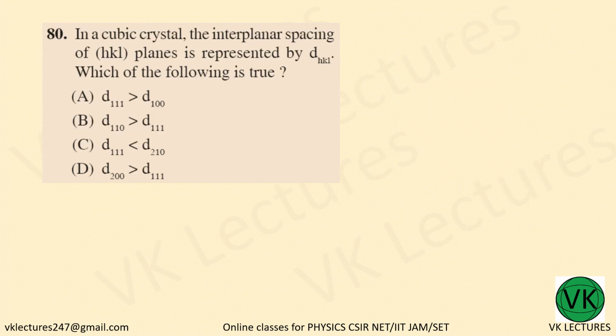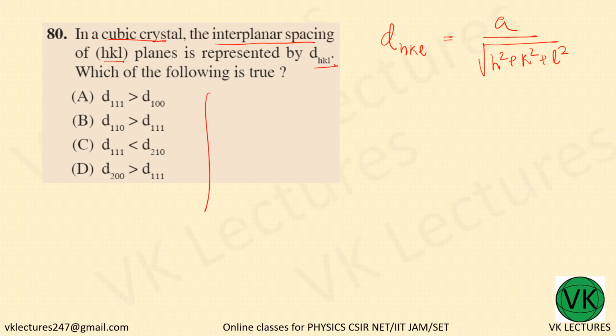In a cubic crystal, the interplanar spacing of the HKL plane is represented by DHKL. Which of the following is true? Before going into the options, let us write down the formula. DHKL, the distance, is given by A divided by under root H square plus K square plus L square. Now let us check one by one.